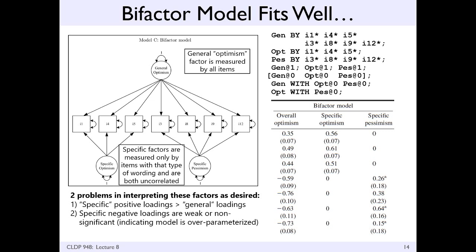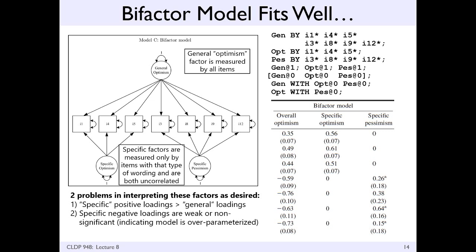So this neat interpretation of wording versus the thing I care about starts to break down to the extent that the loadings don't convey that story. In this case, we have the specific factors that follow this. They're much lower than the corresponding original factor loadings on the main factor. So it's hard to argue that this is overall optimism when it's really more pessimism or lack of pessimism based on the factor loadings.